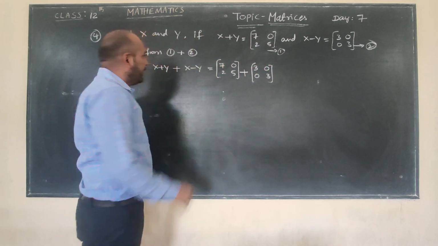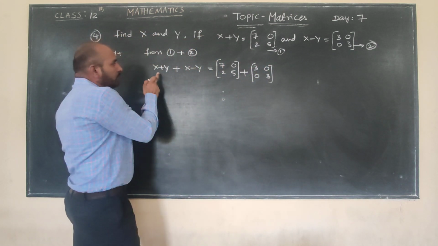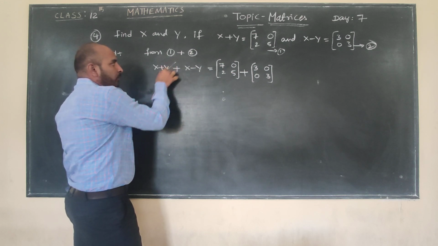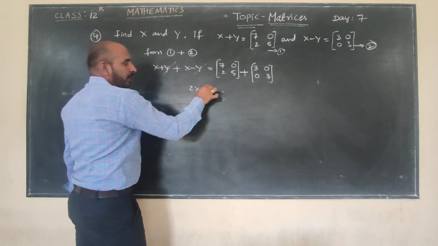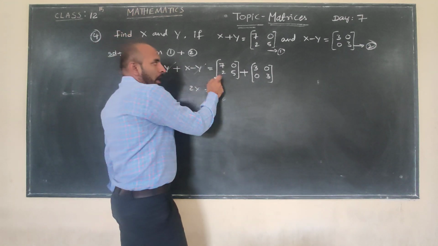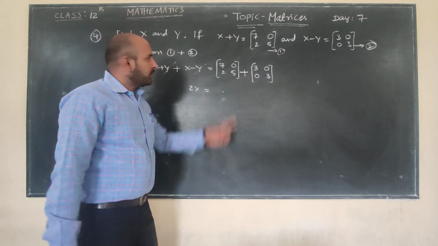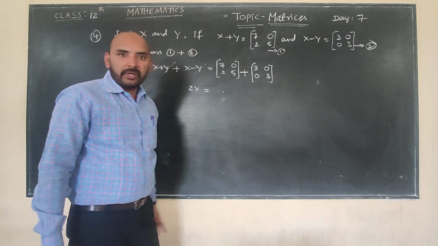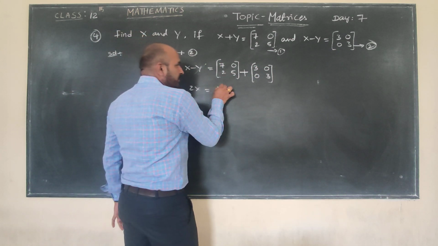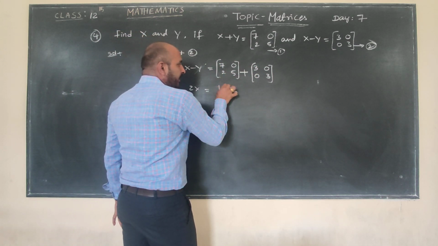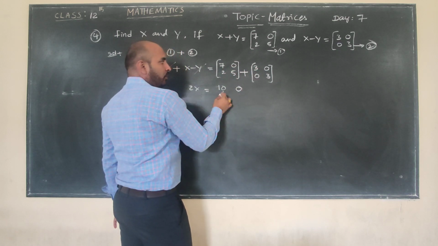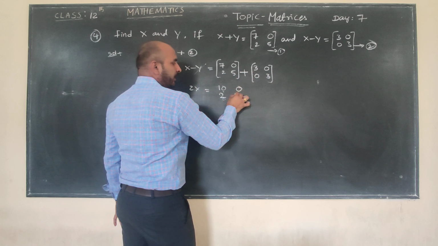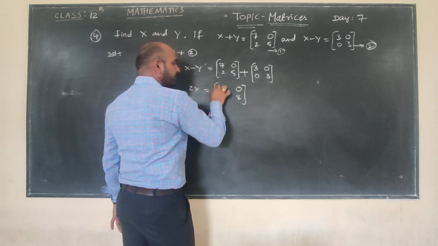Here plus Y and minus Y both cancel, X plus X is 2X, equal to the addition of two matrices. Corresponding positions must be added.